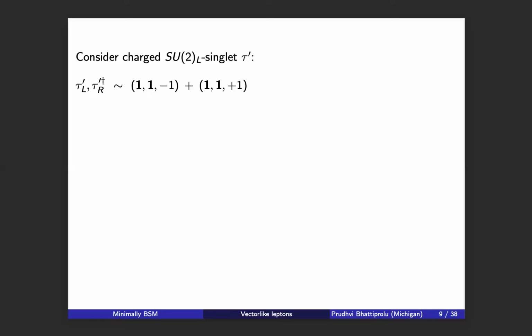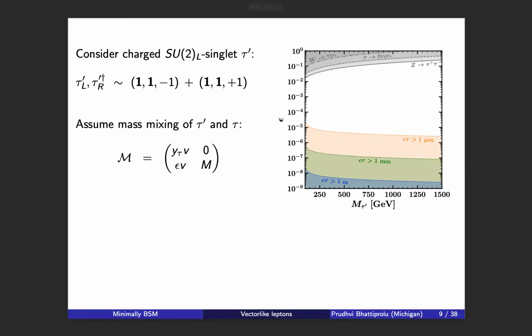And if I want these to decay, then I can assume the mass mixing of the tau prime and tau, and this is the mass mixing matrix. The moment I write this down, I have constraints from decays of W, tau, and Z, which are over here. And if I make the epsilon too small, then this doesn't decay within the collider length scales.